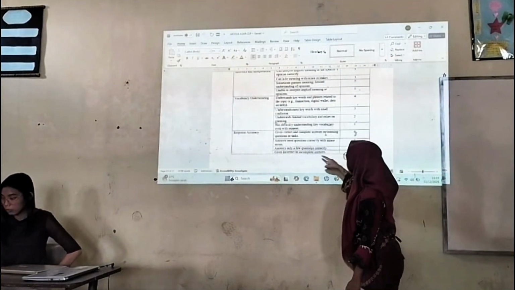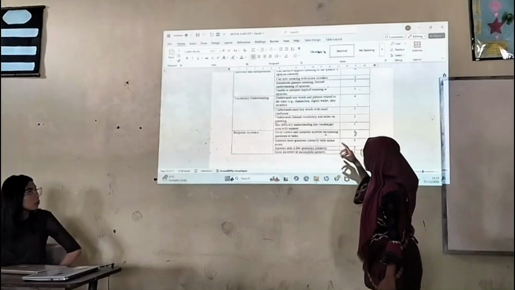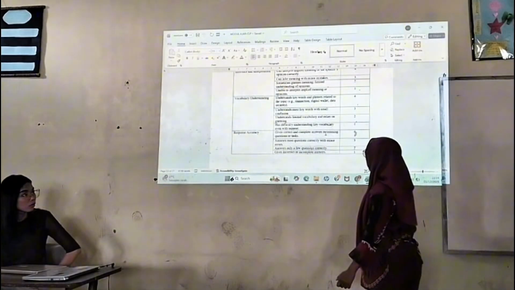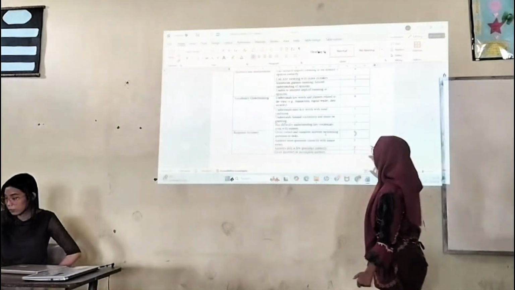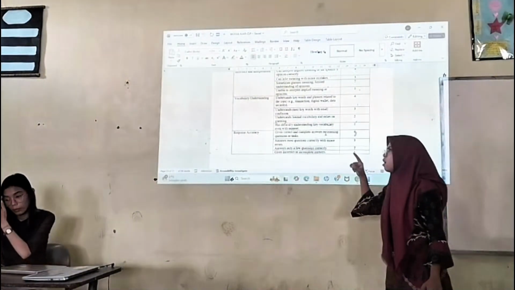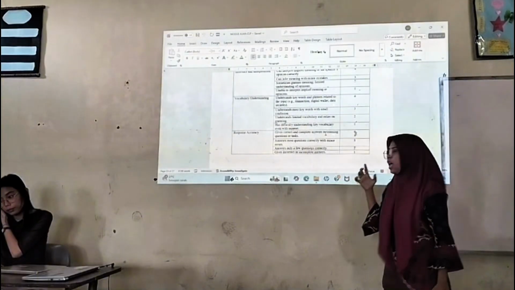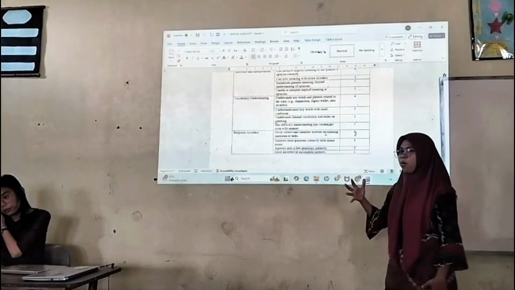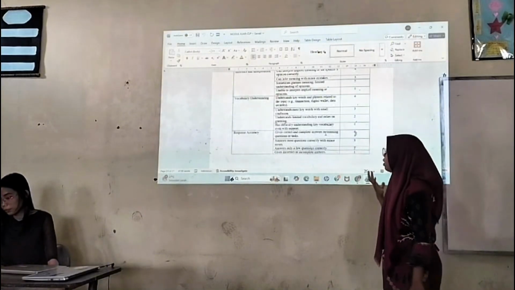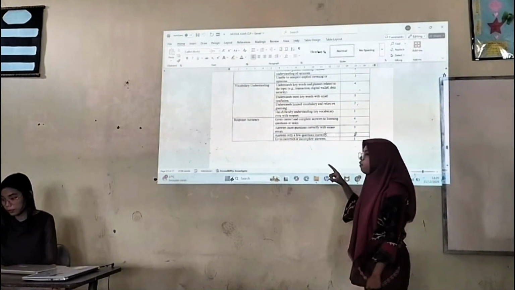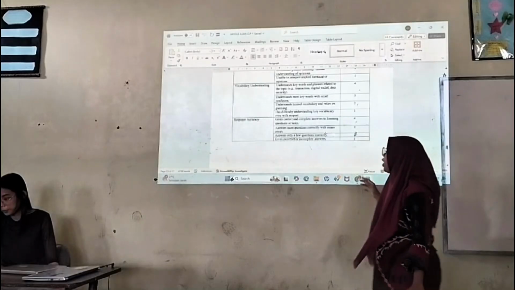For example, for response accuracy, there are indicators. One is a correct, complete answer to listening questions or tasks, and the score for the students if it is in line with the first component is 4. Okay, next.